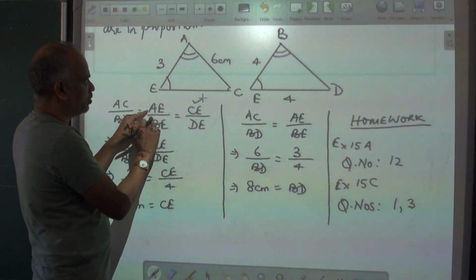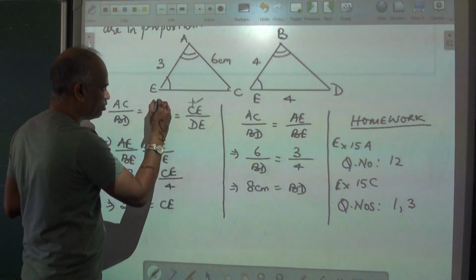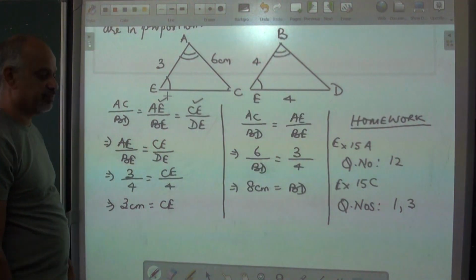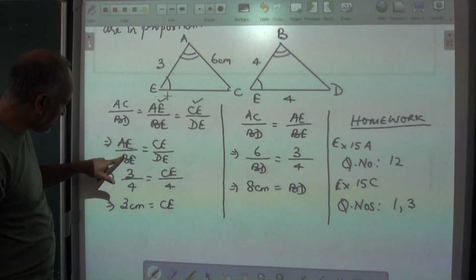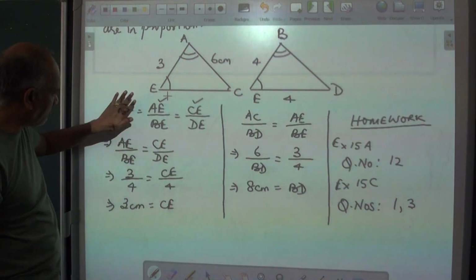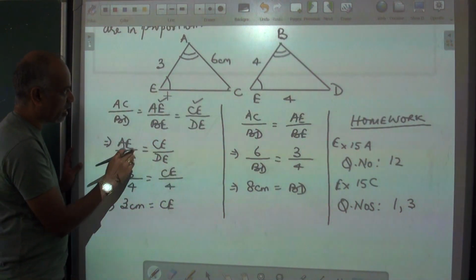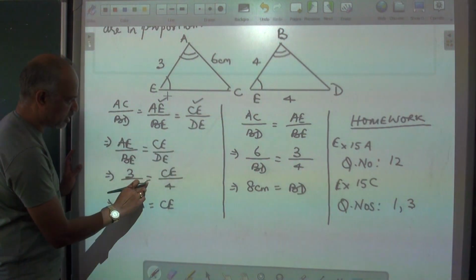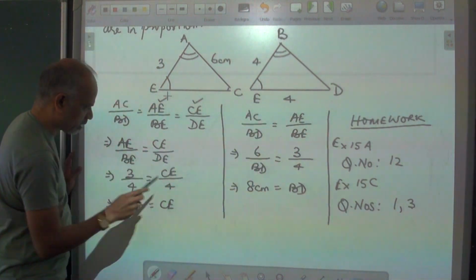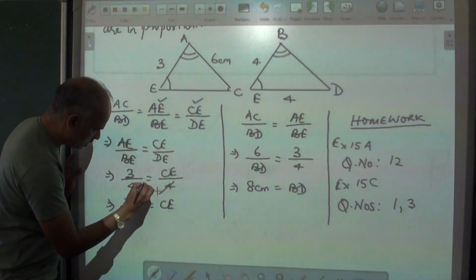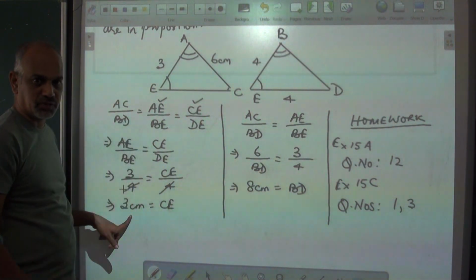You know AE and you know BE. Both are known. So these are the 2 ratios that you will equate. So AE by BE is equal to CE by DE. I have left out this. Put the values. AE is 3 by BE is 4 is equal to CE, which we are going to find, divided by DE is also 4. You can simplify the 4. So CE is equal to 3 centimeter, the unit that was used in the question.